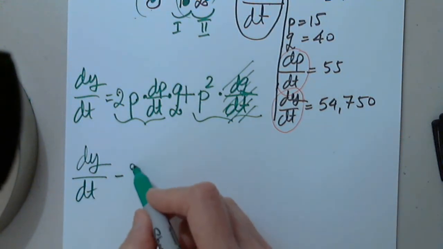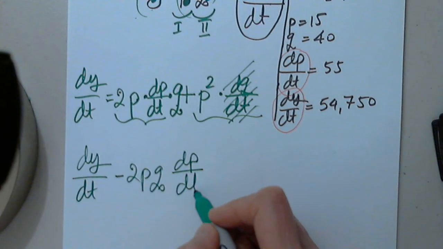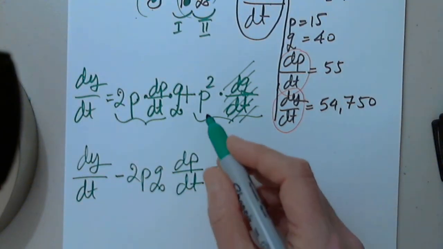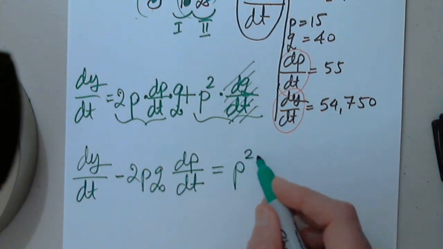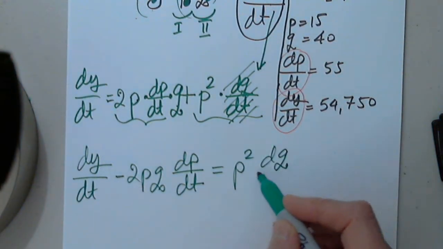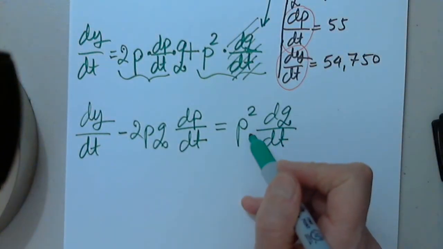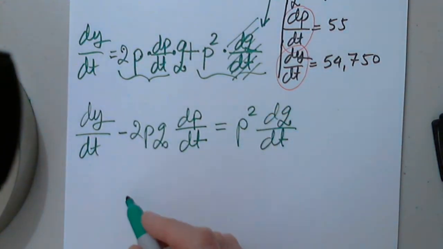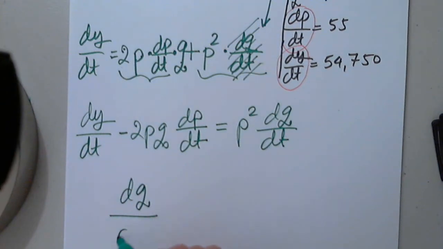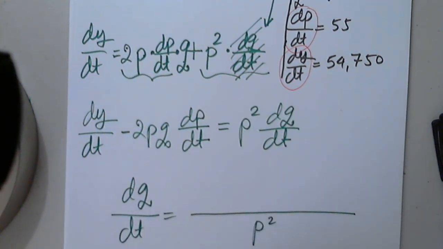Change its sign. 2pq dp over dt equals p squared times the variable, which is dq over dt. Now we divide both sides by p squared to get our variable by itself. dq over dt equals everything over p squared.